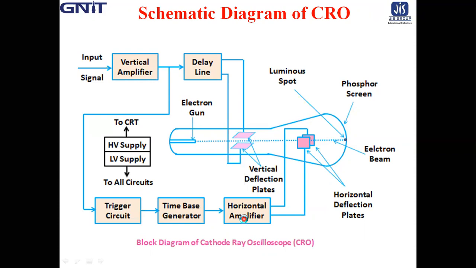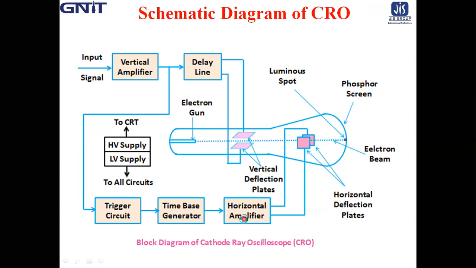The electrons are deflected with time in the horizontal direction for a certain time t. Then the beam returns to its starting point on the screen very quickly, as the sawtooth voltage falls rapidly to its initial value at the end of the time period.